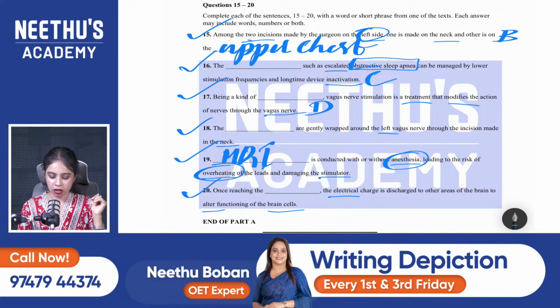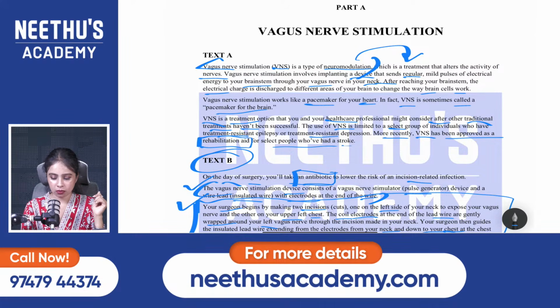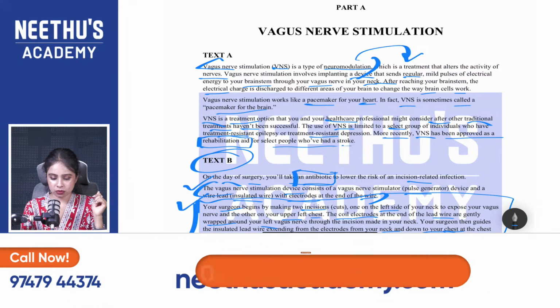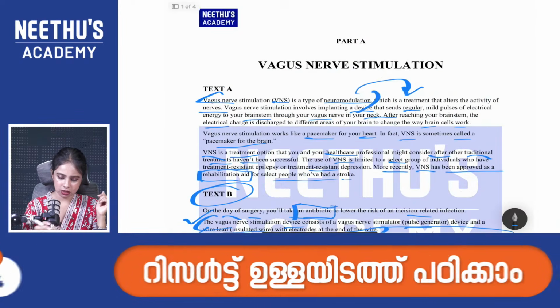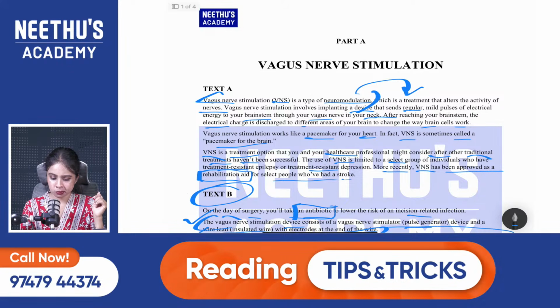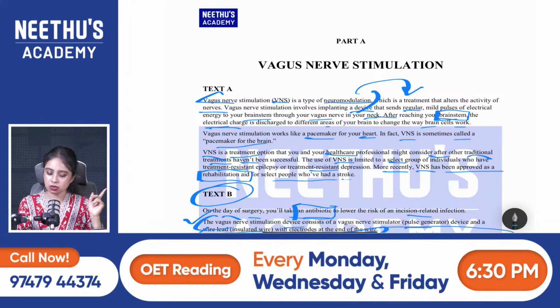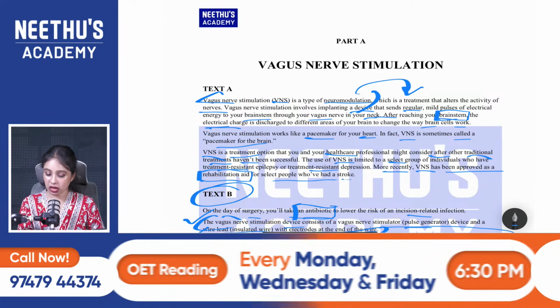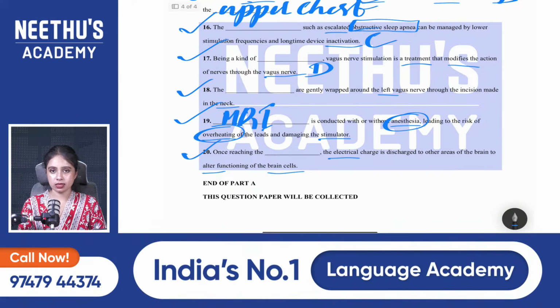I think this is the last question, from text A. Brain cells are mentioned somewhere here. After reaching your brain stem, the electrical charges, keyword from the question, are discharged to different areas of your brain to change the way brain cells work. So I think the answer is brain stem. That is the right answer.